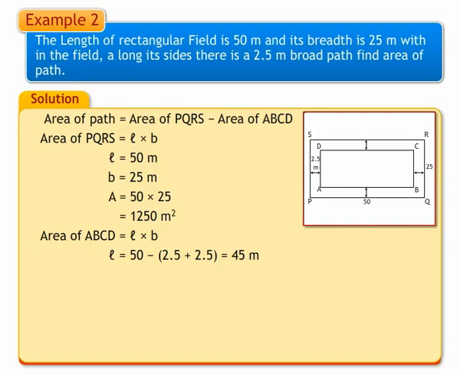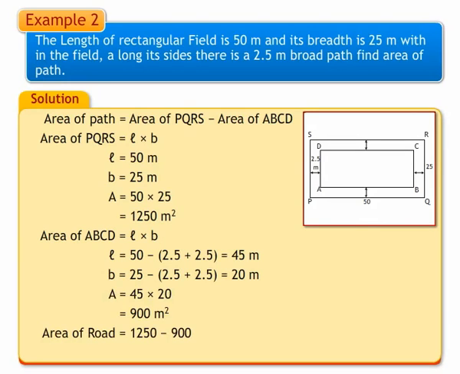Breadth is 25 minus (2.5 plus 2.5) which is equal to 20 meters. Area is 45 into 20 equal to 900 square meters. Area of road is 1250 minus 900 which is 350 square meters.